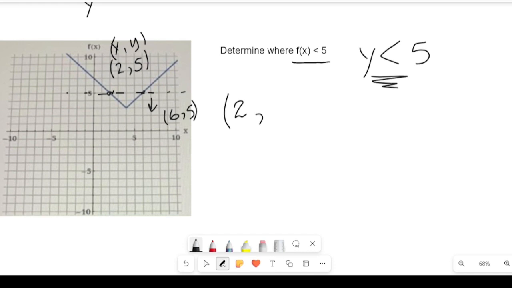Everything is under y equals 5, right? And then we stop at 6, with a round bracket, since it doesn't say equal sign, so it cannot be 6 either. It can be everything in between 2 and 6. And that's our domain for f of x less than 5.